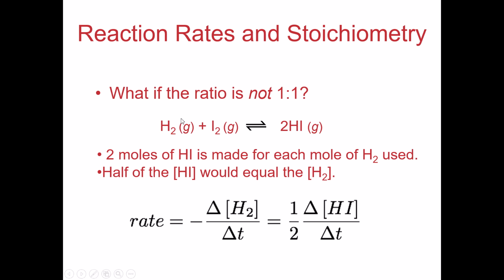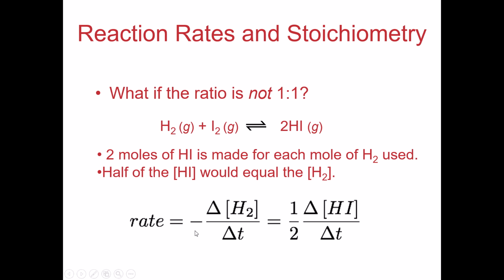So this means for every 1 mole of H2 gas we use up, we are creating 2 moles of HI. So if we study the rate of H2 disappearing, it would not have the same rate as HI appearing, because HI is appearing twice as fast as H2 is disappearing.